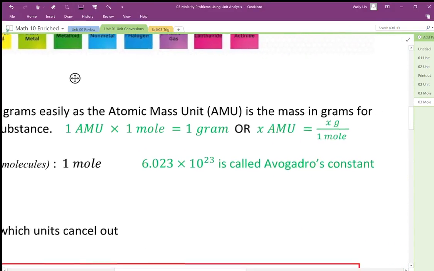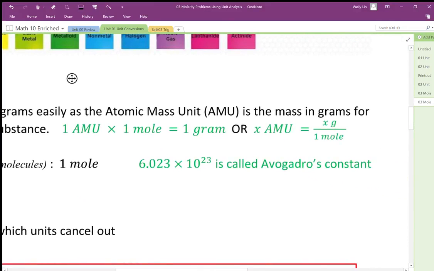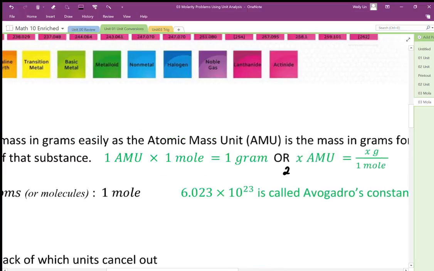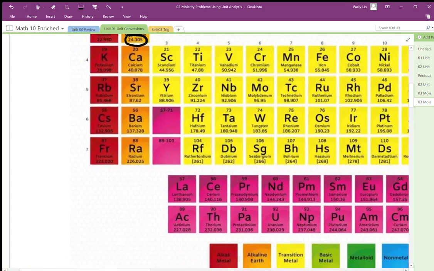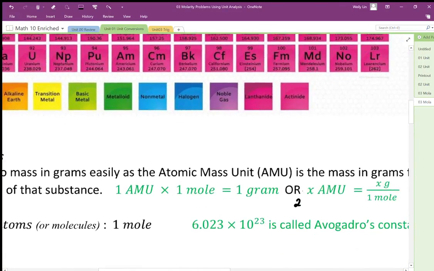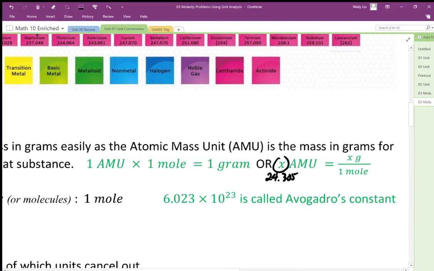So that number, 24.305, is the number of atomic mass units, and that then represents 24.305 grams of magnesium for 1 mole of magnesium, because that's the atomic mass number for the magnesium element.